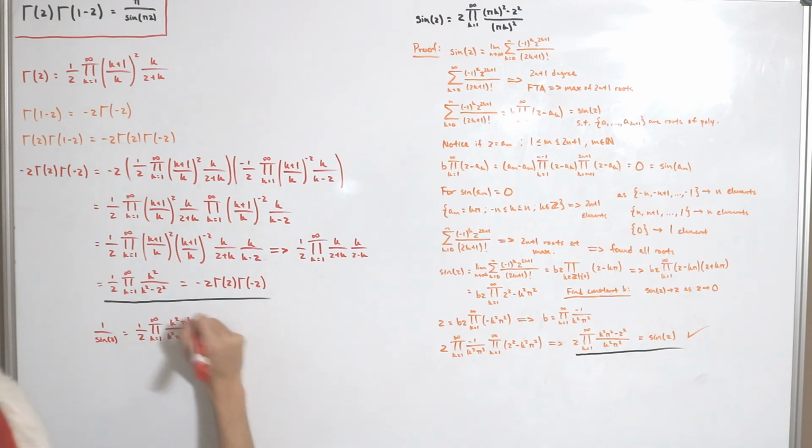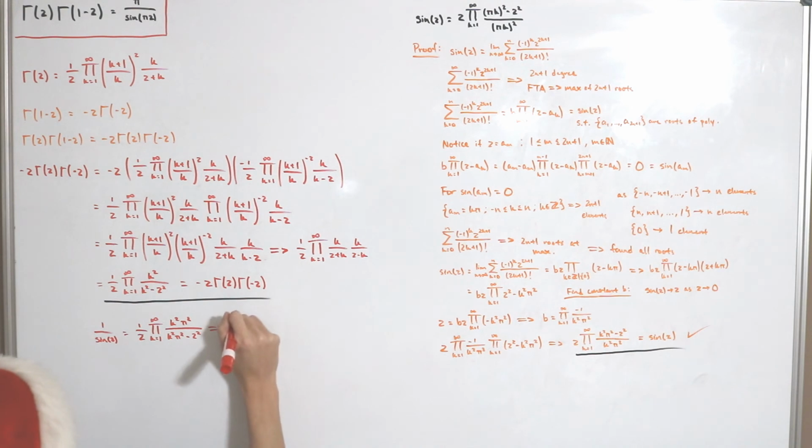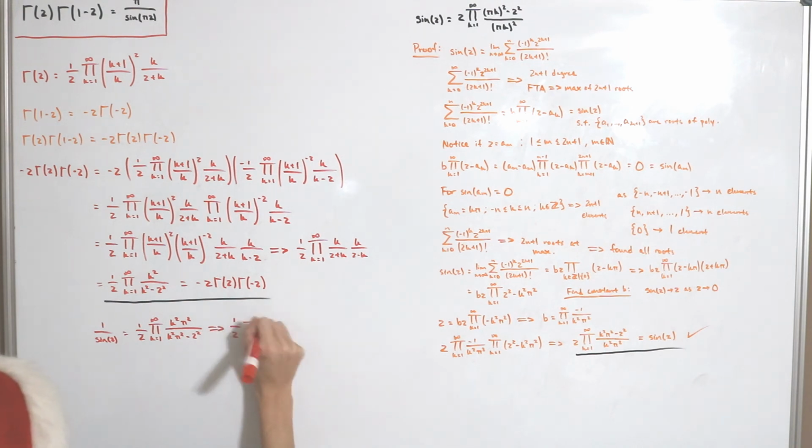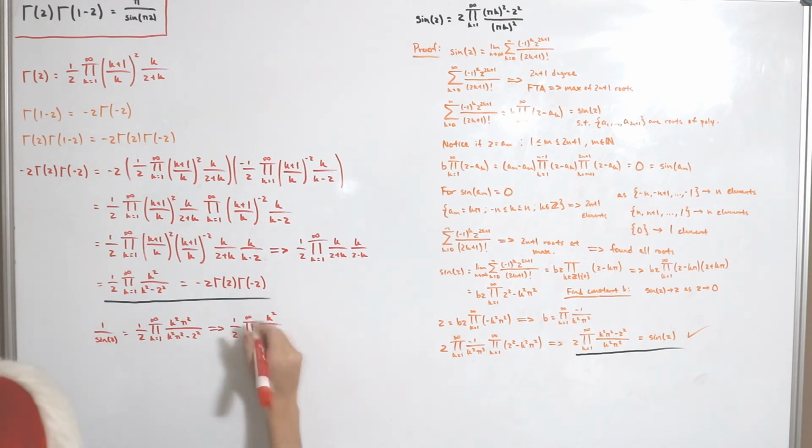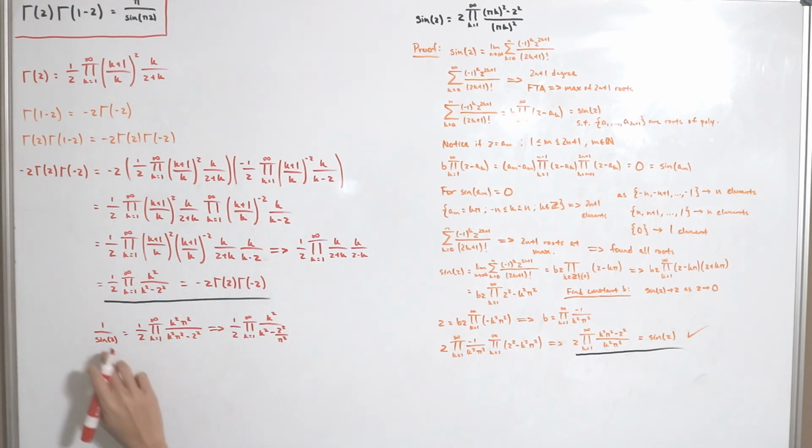Simplifying, I can divide pi squared down below, so this will be 1 over z times the infinite product of k squared divided by k squared minus z squared over pi squared. You can clearly see that this is equivalent.